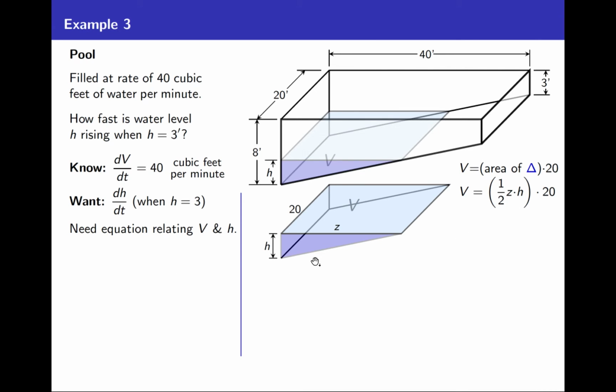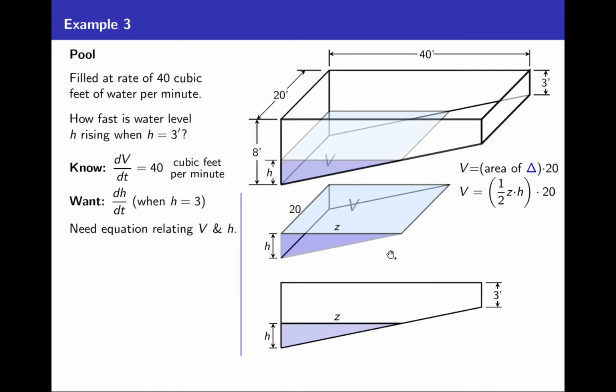We can go back to here. So how are we going to figure out what z is? For this, think about the side view of this swimming pool that I've drawn here. We see this blue triangle of height h and base z in its side view. And think about similar triangles.